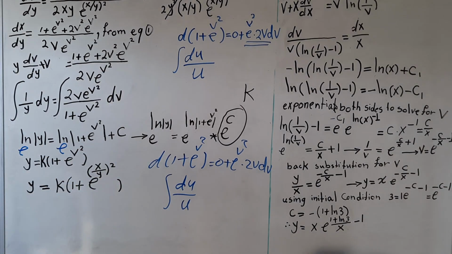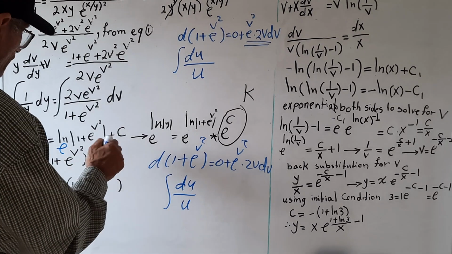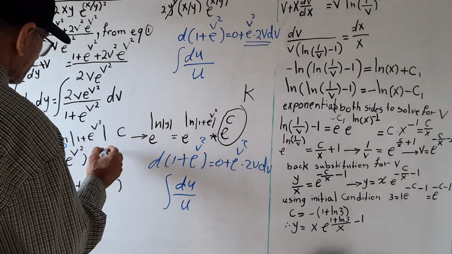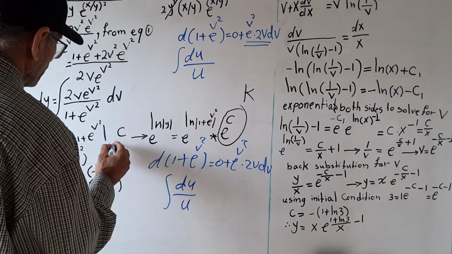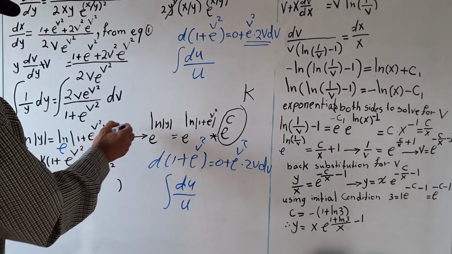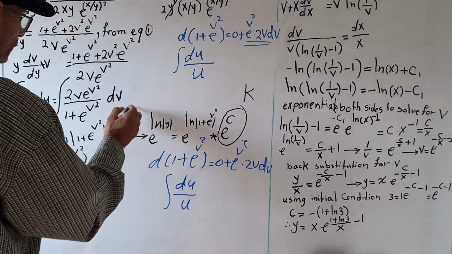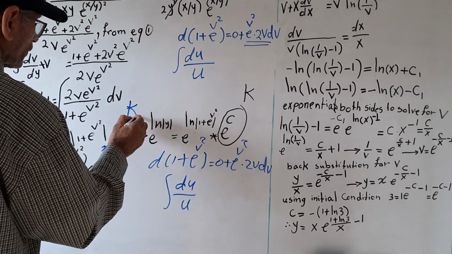Okay, we got this because this is the same as e, and here e to the c, we call it k, another constant.